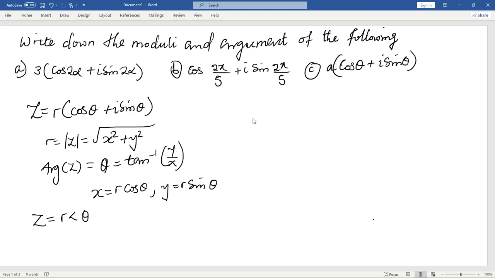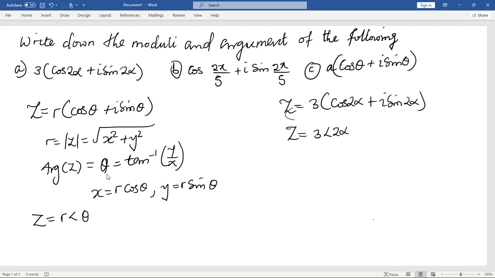There we have z being equal to 3 cos 2 alpha plus i sine 2 alpha. This is in polar form, so z is equal to 3 and the angle that we have is 2 alpha.